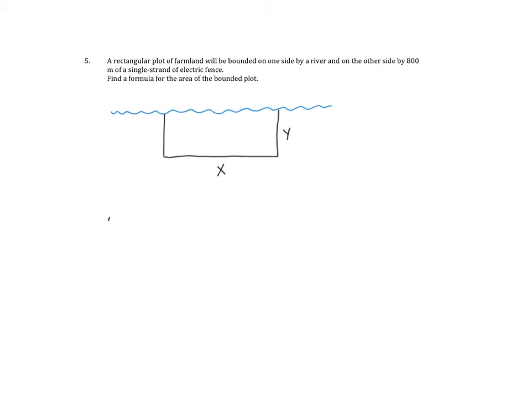First thing's easy, the area of that rectangle. And then they say this is the strand of electric fence, and this has to be 800 meters long, and so really we'll get 2y plus x equals 800.